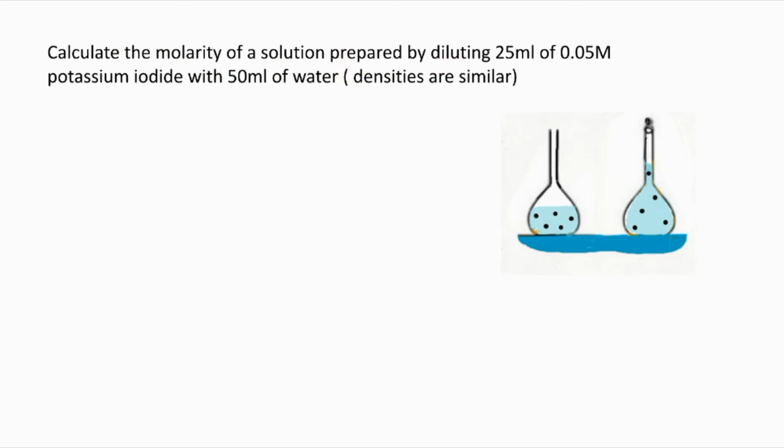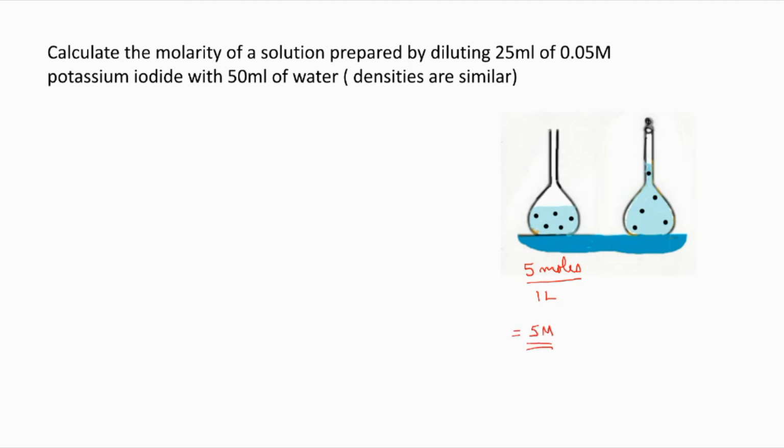Before doing the problem, you should have a clear idea about what will happen to the molarity of a solution upon dilution. See, this picture will make the idea clear. In the first solution, I have taken 5 moles of the substance in 1 liter water. So what will be the molarity of the solution? It will be 5 molar only.